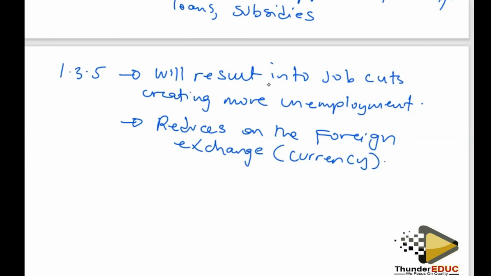So if there is low production, this will impact on the economy, whereby less money will be made from exports.